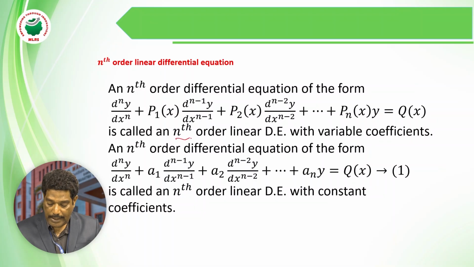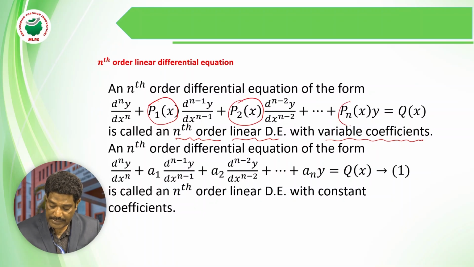This is called the nth order linear differential equation with variable coefficients, because here the coefficients p1 of x, p2 of x, p3 of x, so on, pn of x, contain the variable x. So these are the variable coefficients.